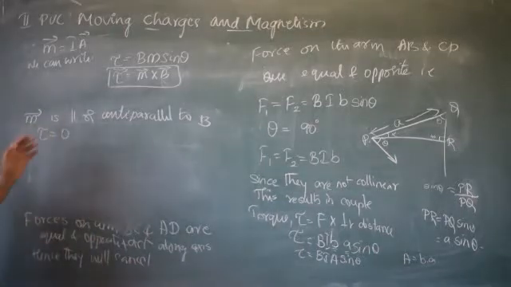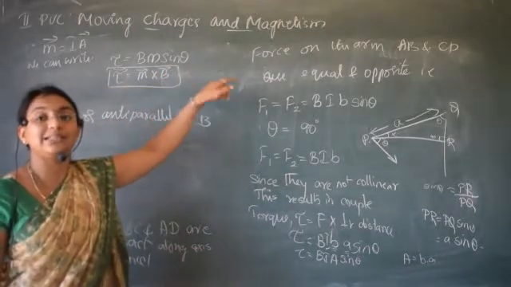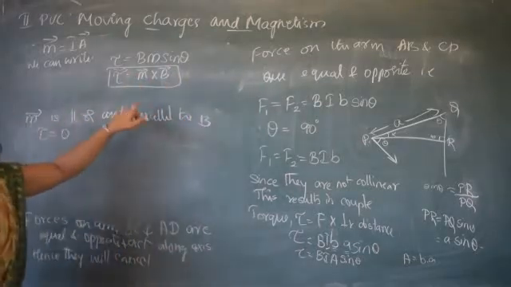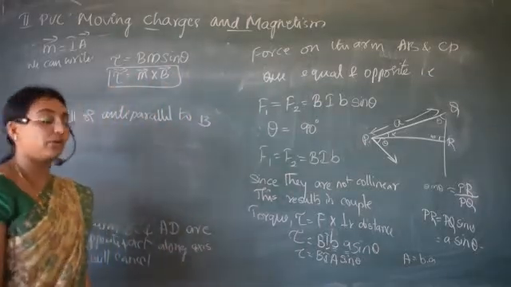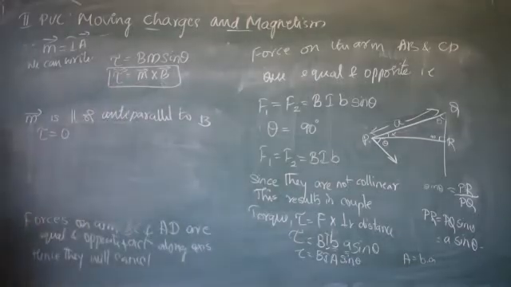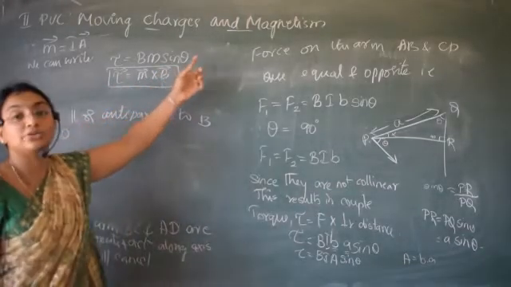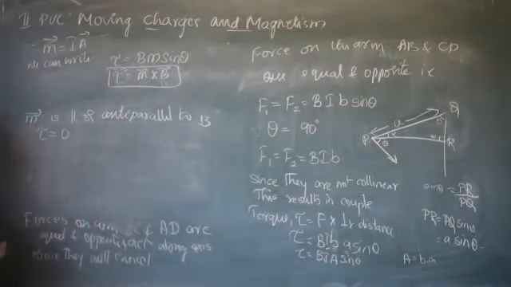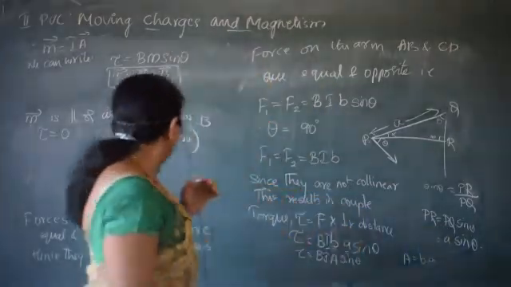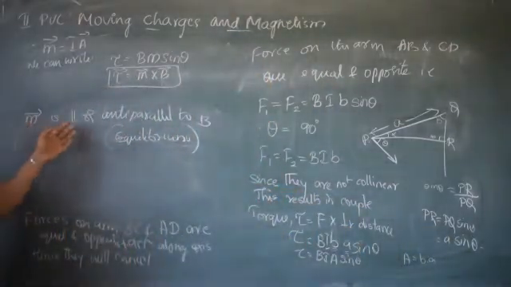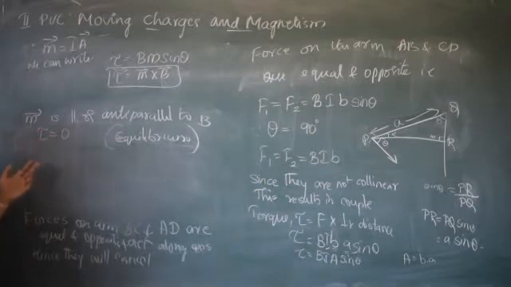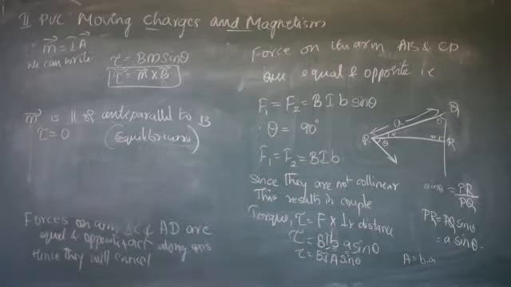Parallel or anti-parallel means theta is equal to 0. When theta is equal to 0, sin 0 is 0, therefore tau is equal to 0. This indicates the state of equilibrium and there is no torque on the coil. So if M vector is parallel or anti-parallel to B, tau is equal to 0. It is in equilibrium.